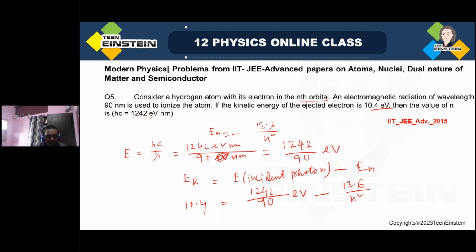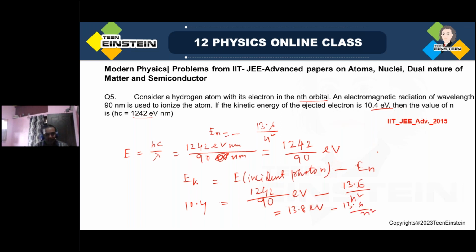Now we have to do the simplification. If we divide 1242 by 90, we'll get something like 13.8 electron volt.